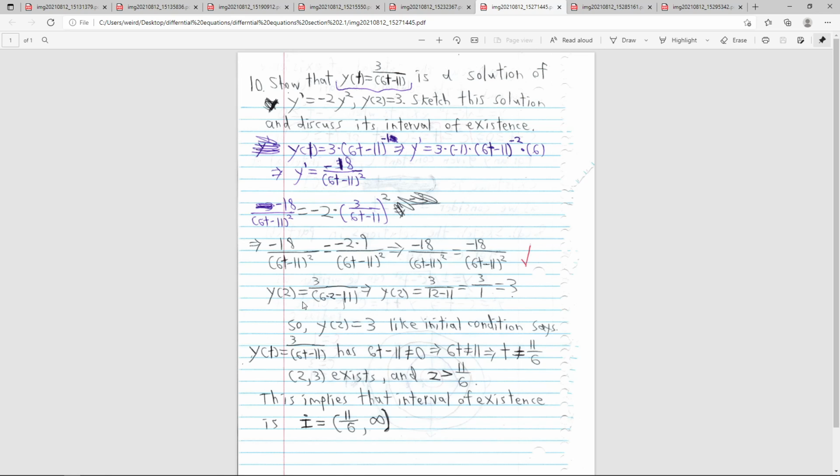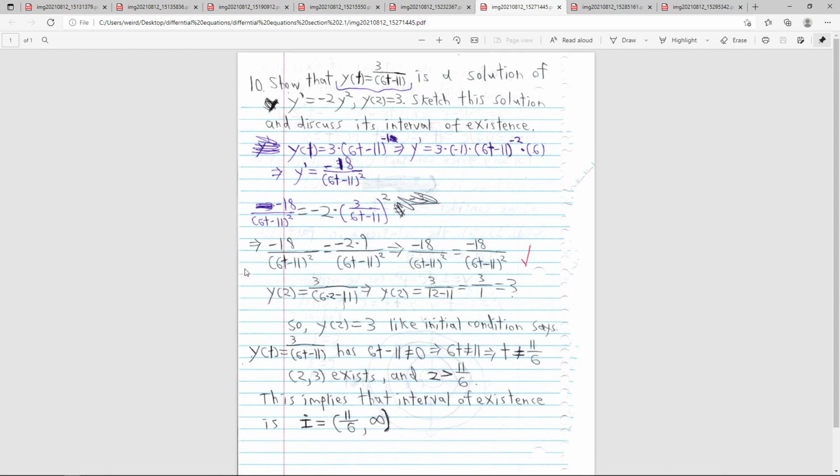We also have to show y at 2 equals 3. If we plug in 2 for t, y at 2 is 3 divided by 6 times 2 minus 11, so that's 3 divided by 12 minus 11, which is 3 divided by 1, which equals 3. The initial condition of y at 2 equals 3 is satisfied.